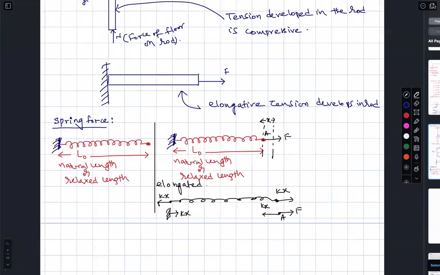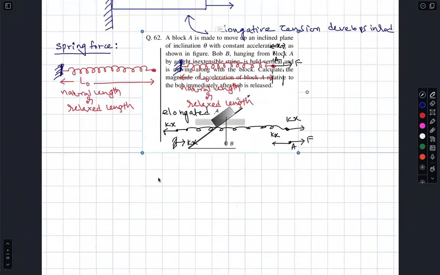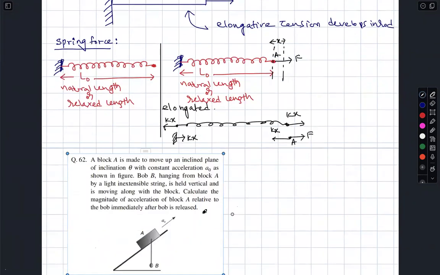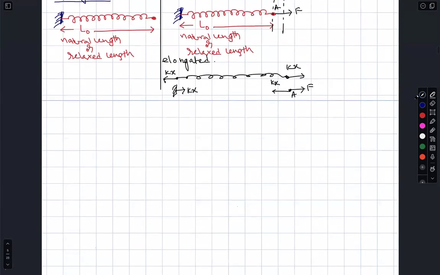Right. There is another case possible. You know what that is?